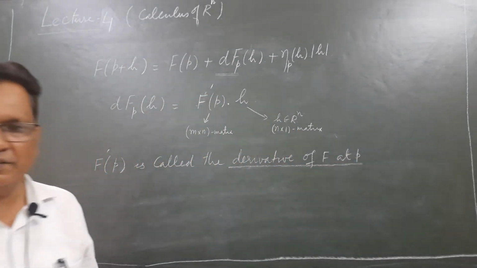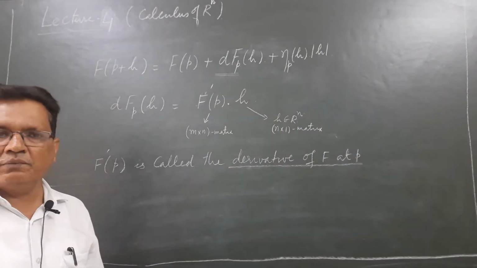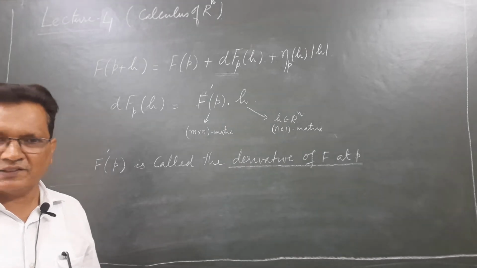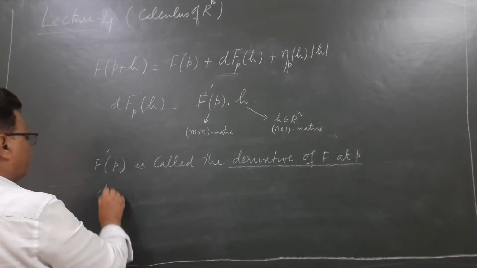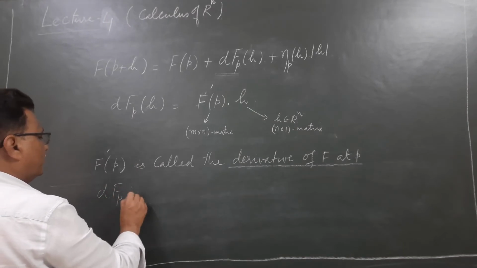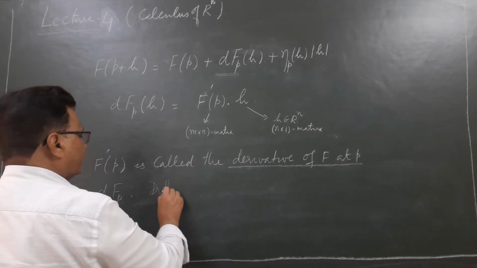So, the derivative of a function from Rn to Rm is an m by n matrix, and this dfp, in this case the linear map, is called the differential of f at p.